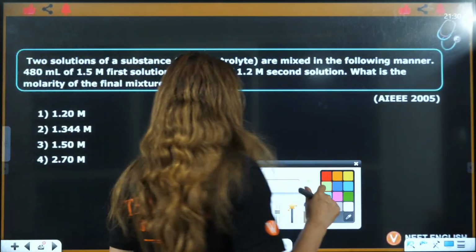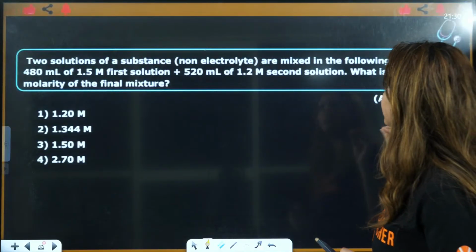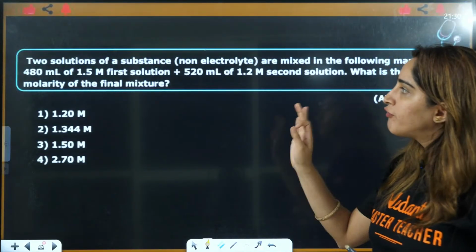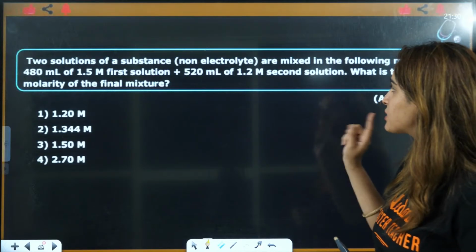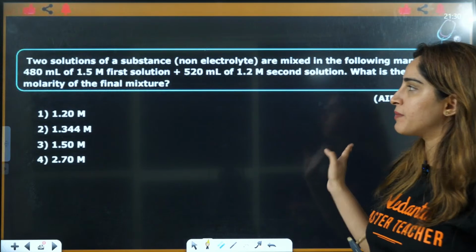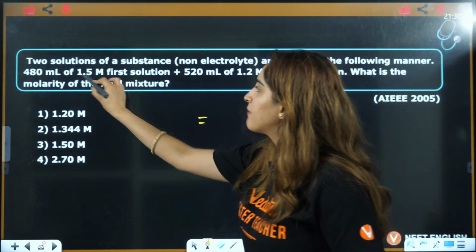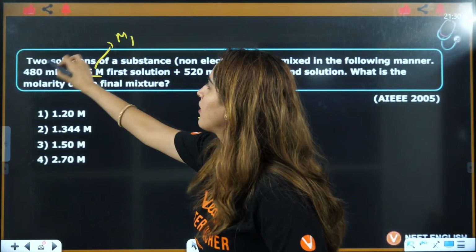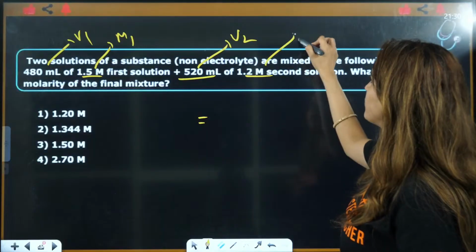Okay. So now let us see this question. Two solutions of a substance are mixed in the following manner: 480 milliliter of 1.5 molar first solution and 520 milliliter of 1.2 molar second solution. What is the molarity of final solution? Simple, right? This is your M1, this is V1, this is V2, this is M2, right?